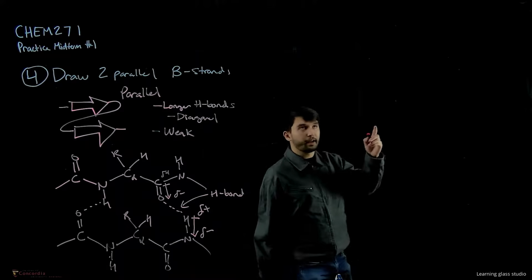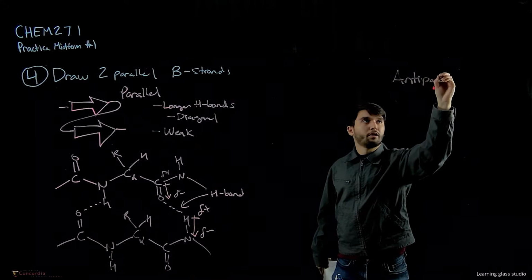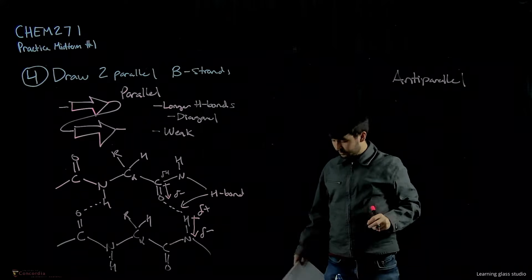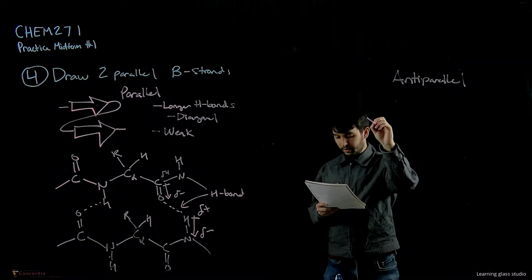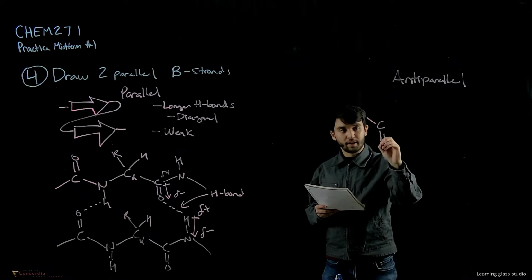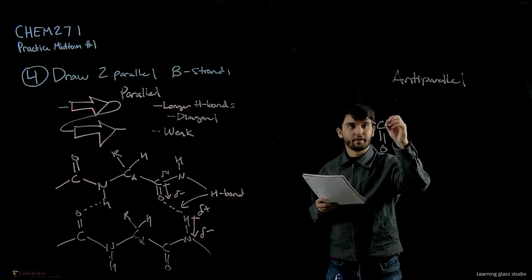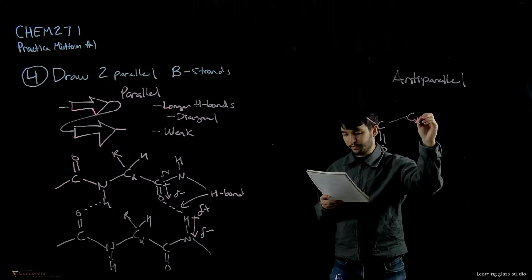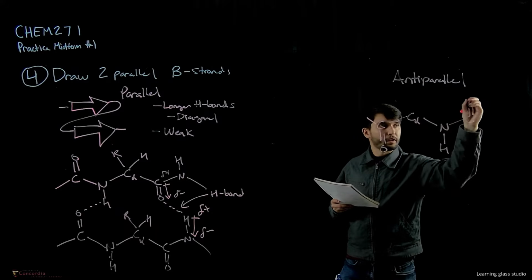Now over on this side, just for comparison, we'll draw anti-parallel. All right, so here we'll draw 2 that are sort of staggered, so they are not going to be identical. So here what we'll have is something like that.